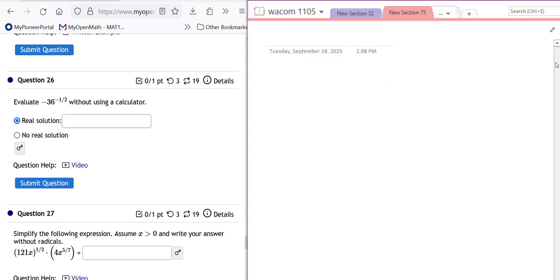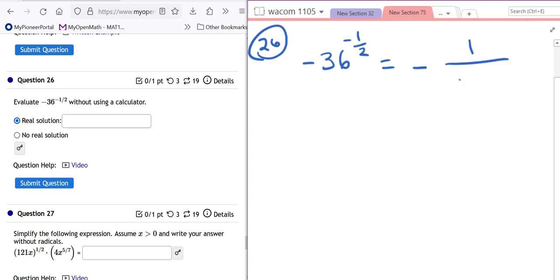26 is, they're also checking the same thing here, but it has a negative exponent. This negative is not going to the power. Right, so this negative is here. This is going to be 1 over 36 to the 1/2.